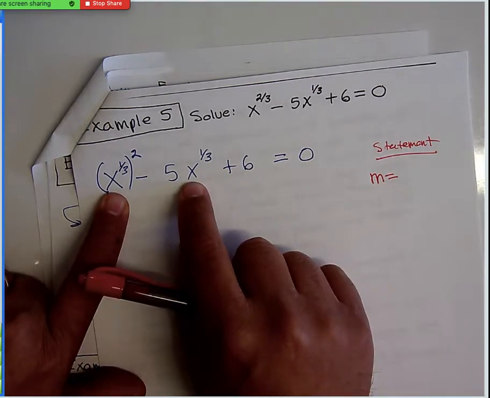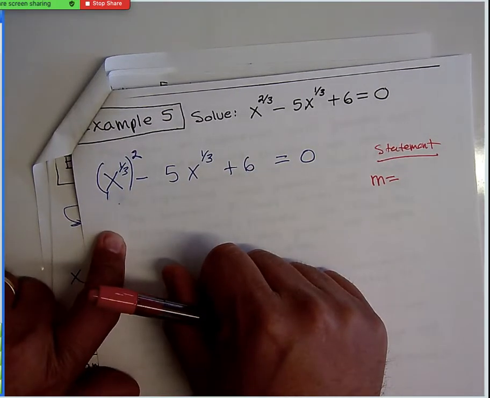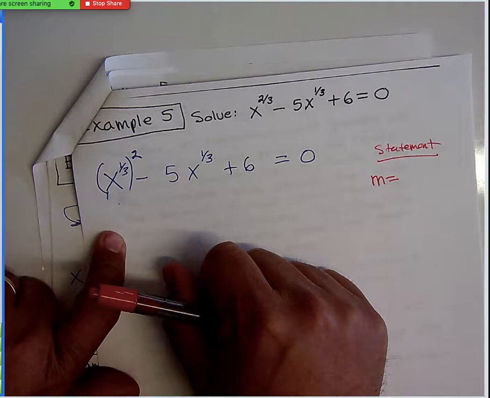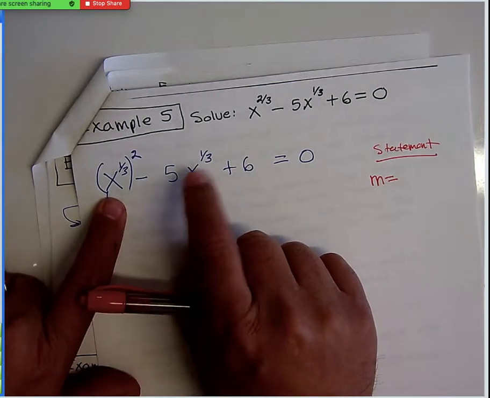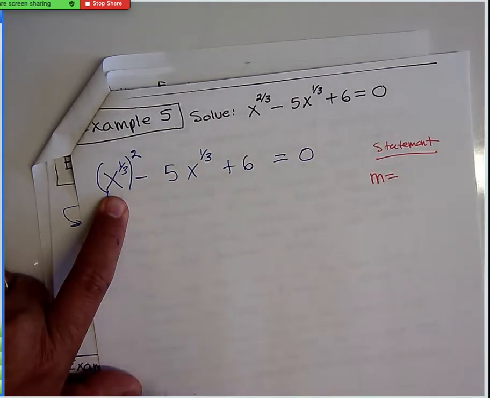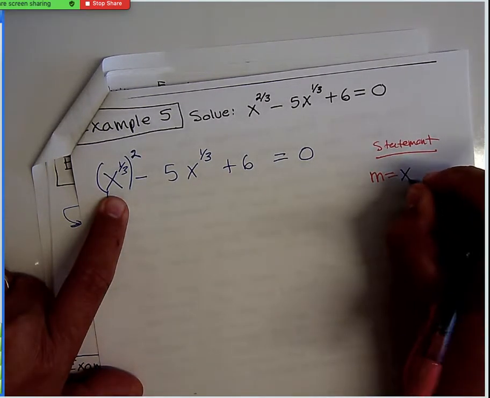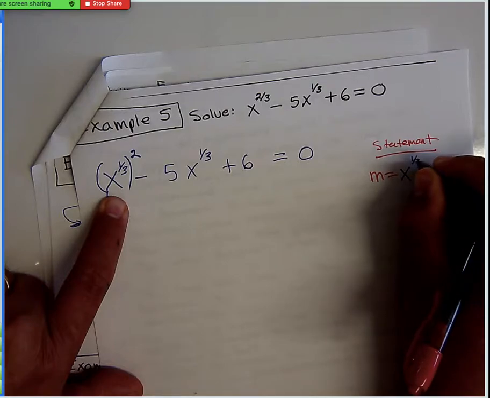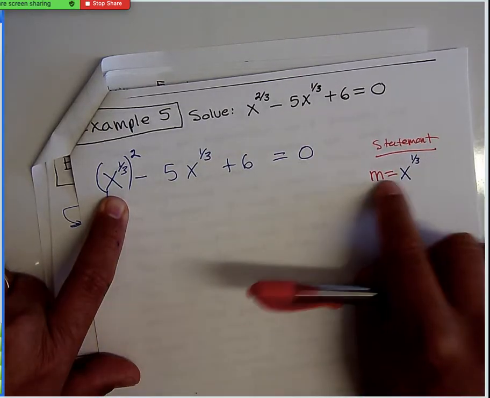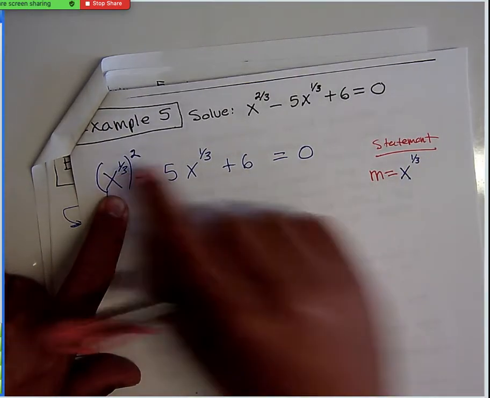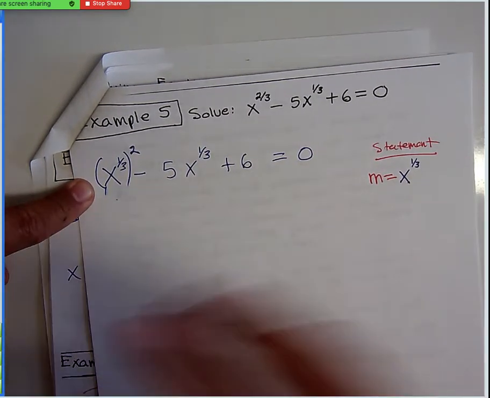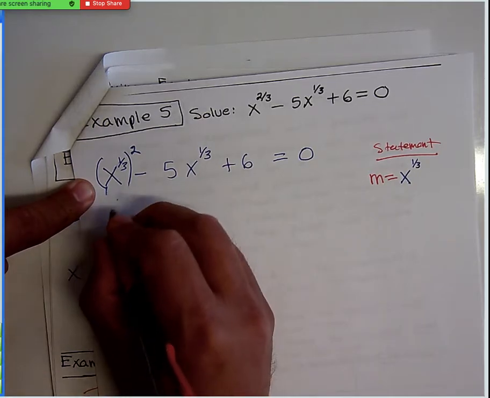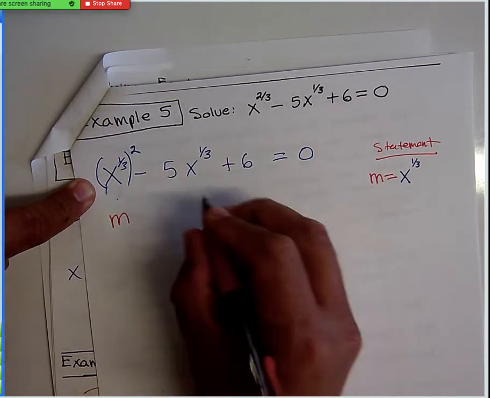What looks the same, Michael? So M is gonna equal what? 1/3. Not just 1/3, but x to the 1/3. So instead of x to the 1/3, I'm gonna use M, because x to the 1/3 would make things very difficult. So I'm gonna use M instead.